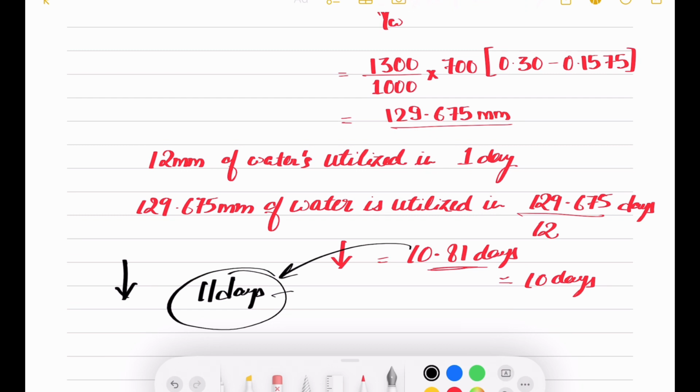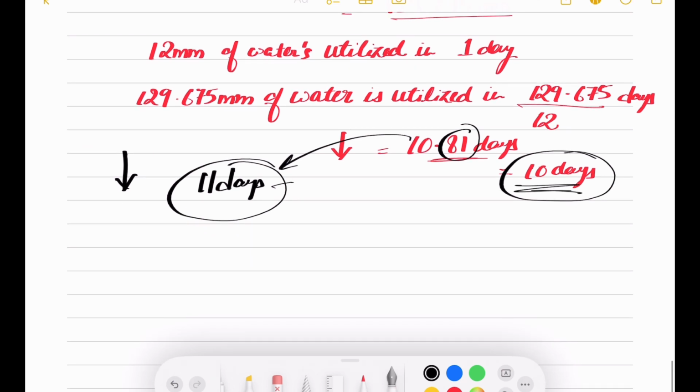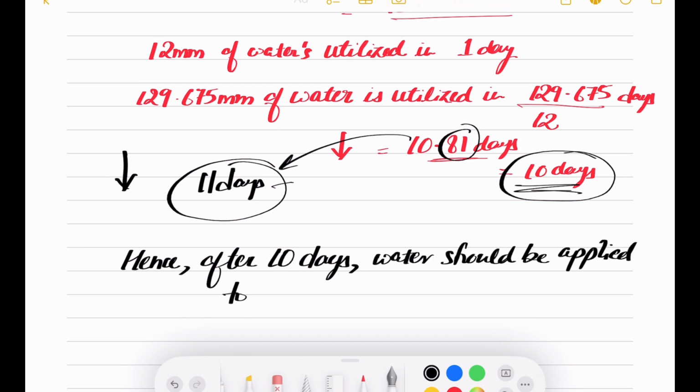So that is why we are taking the value as 10 days. We will still have some amount of time left with us. That's okay, right? So for the safer side we are taking it as 10 days. Hence, after 10 days water should be applied to the crop.